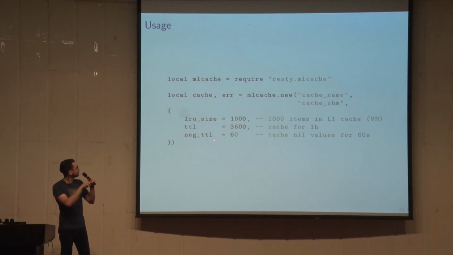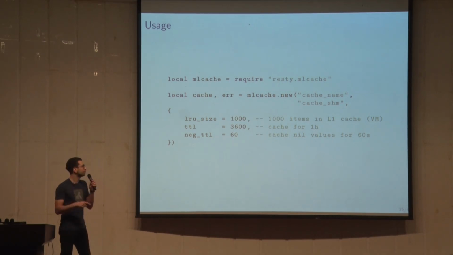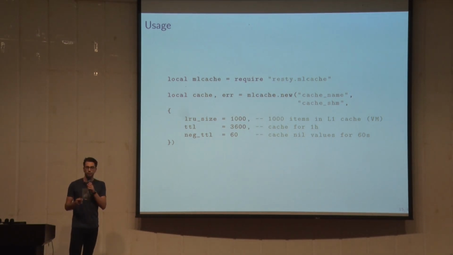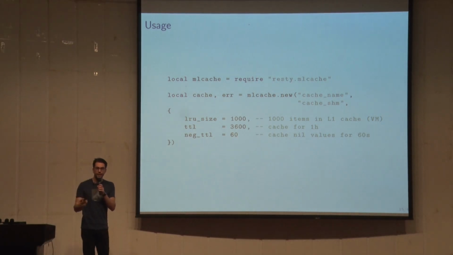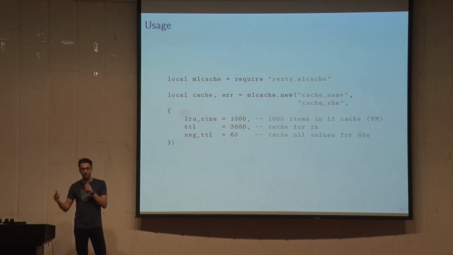So second, I have TTL and negative TTL values. And this is the first clue to one of the very nice features that mlcache supports, which is negative cache. So mlcache will cache hits, but also negative hits, so that when you know something is not present in the data store, you do not have to make a subsequent request until the neg_ttl expires.